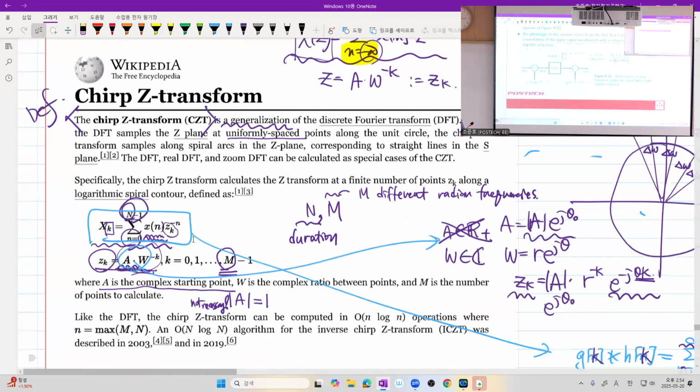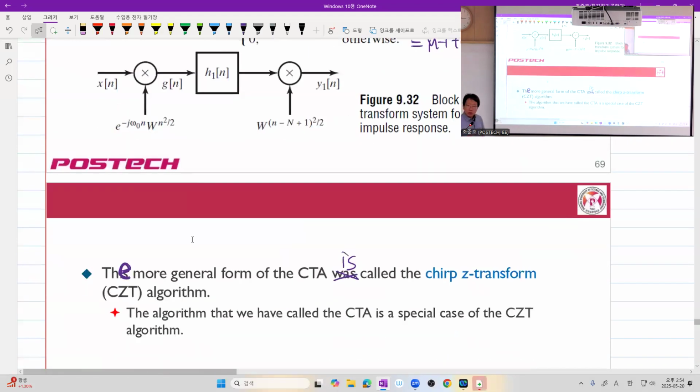Anyway, I'm not going to give you a specific example where you may find the application of the chirp Z transform or chirp transform algorithm to estimate the Doppler frequency shift.